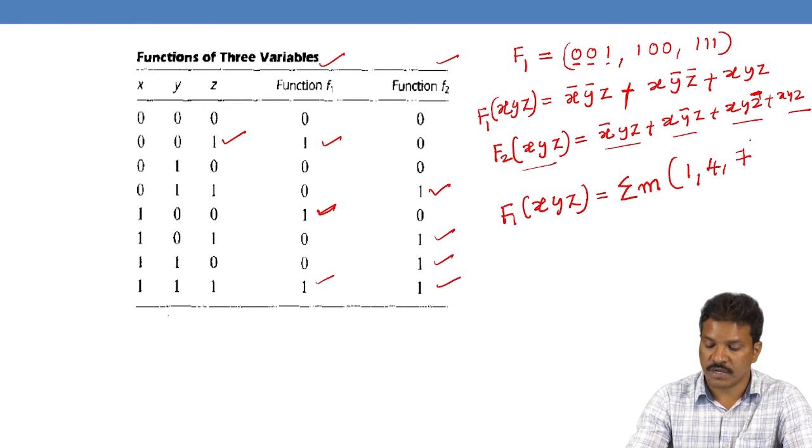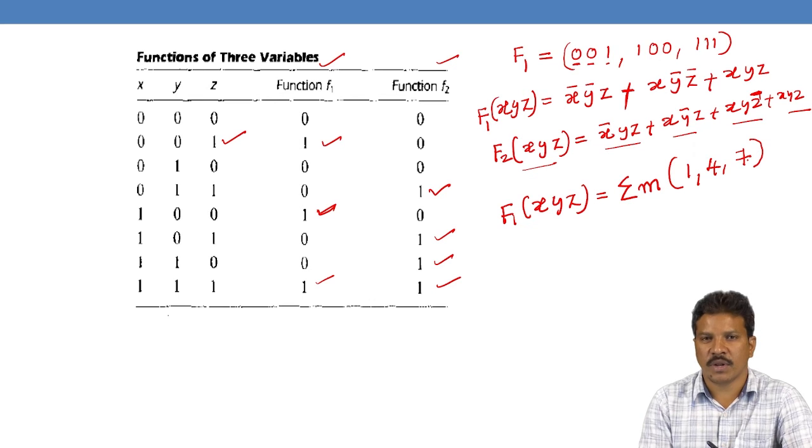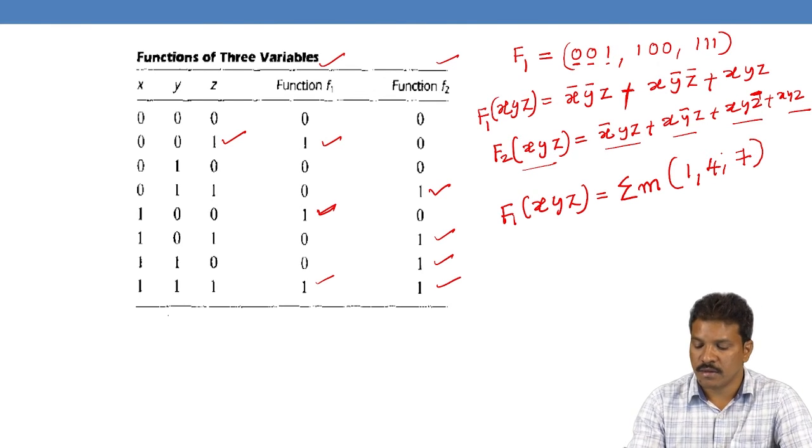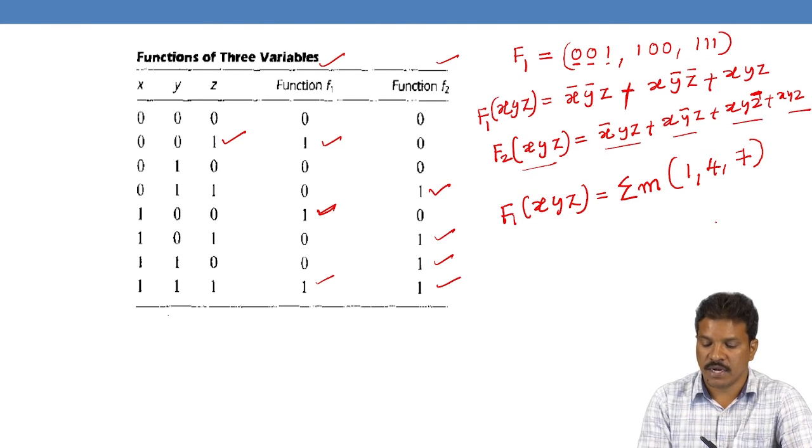So 1, 4, 7. This is one other way to represent a Boolean function in terms of decimal numbers for the minterms. f1 of x y z is equal to sigma m 1, 4, 7.